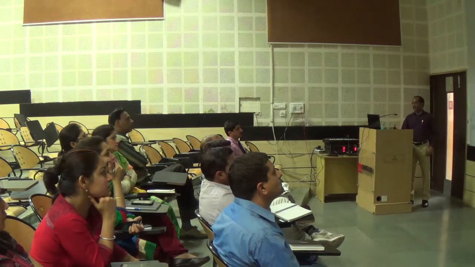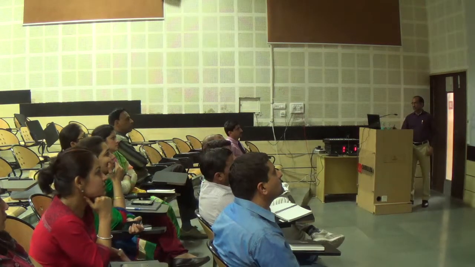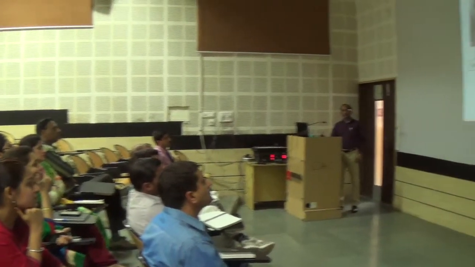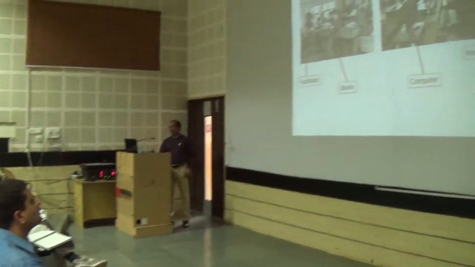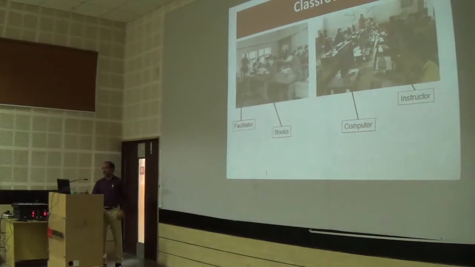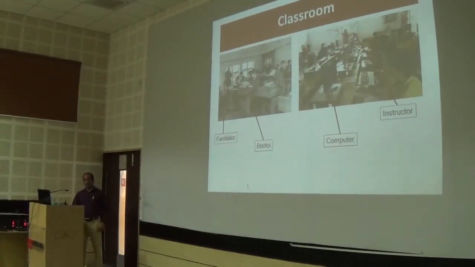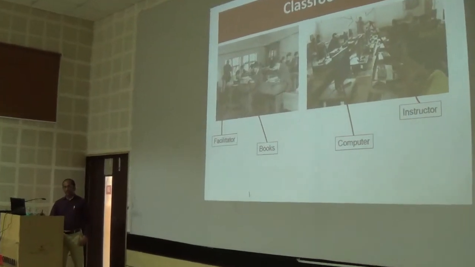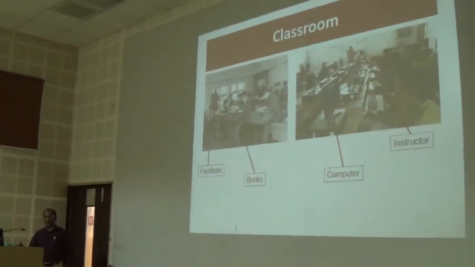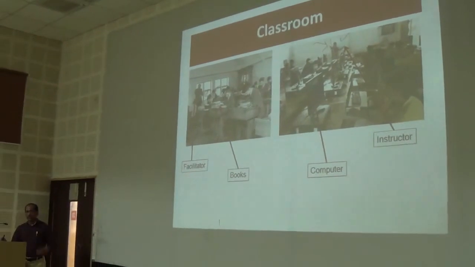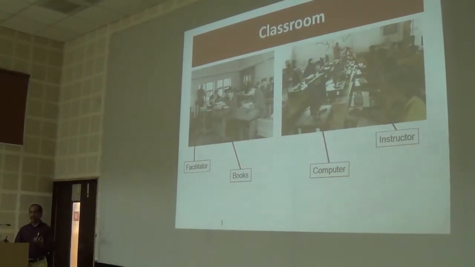Here, at the present time, you can see the teacher is standing near the whiteboard. The students are sitting near their machines. What they are doing, they just give the instruction that you have to do it this way. They are not facilitators. They are not providing solutions to difficulties. They just give the instruction.